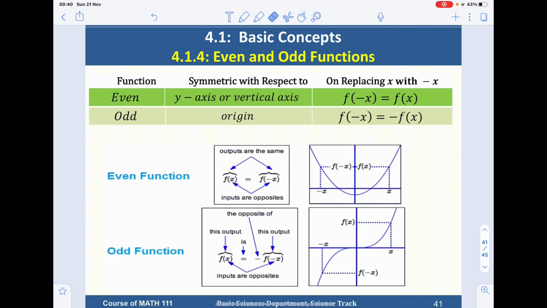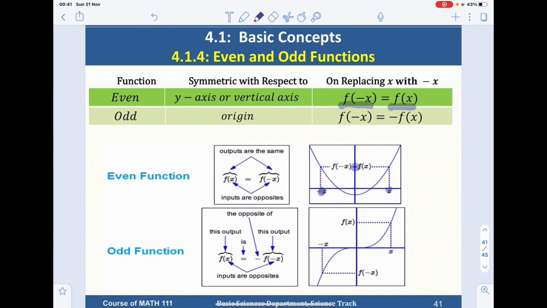We call a function even when f of negative x equals f of x, which means, as you can see here, the image of x equals the image of negative x. This is the image of x and also the image of f of negative x.